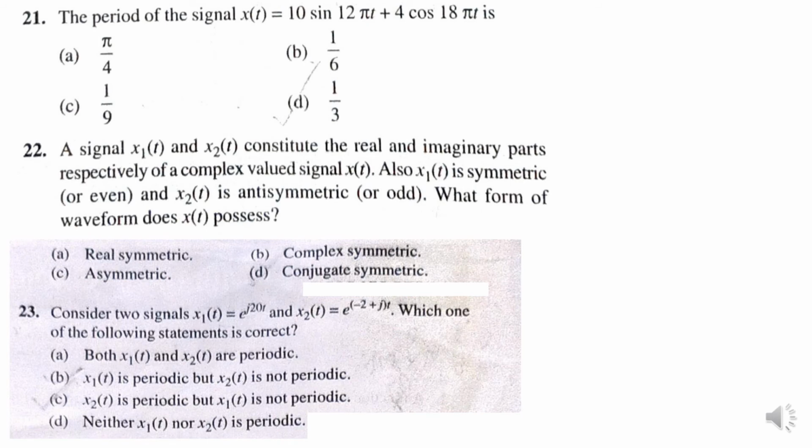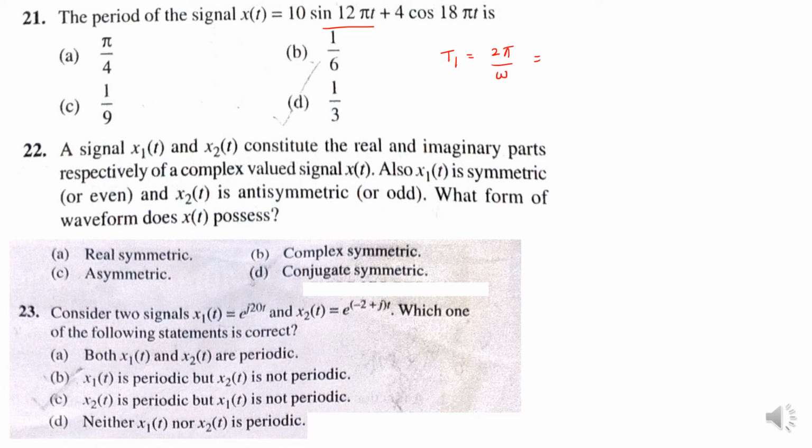So the next problem, the period of signal x of t equals 10 sine 12 pi t plus 4 cos 18 pi t is. So here I am going to find out the time period. First of all I am going to find out the time period T1. So the formula is 2 pi by omega.